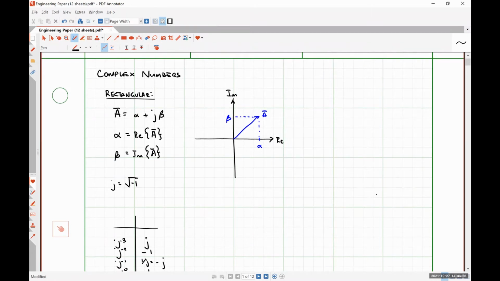I've plotted my complex number A on this axis. I can represent it in a couple of different ways. All right. So the next type of complex number that we're going to talk about is the exponential complex number.